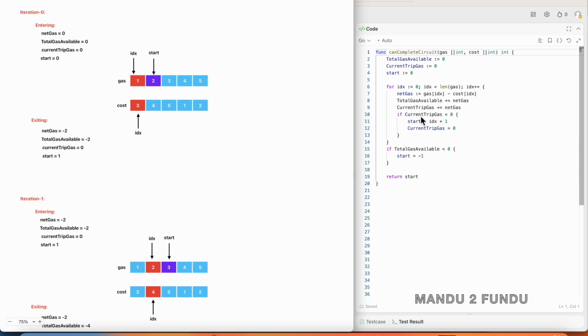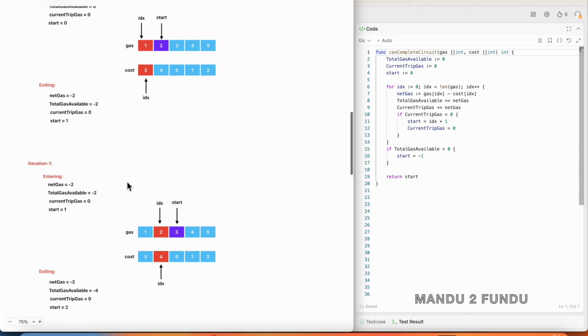But we check whether the current trip gas is less than 0. In that case we update the starting station to the next station, idx plus 1, and we reset the gas to 0. So that's why we see 0 here. Otherwise, if it were positive, we would have seen that accumulated here. So the starting station is moved to the next entry.